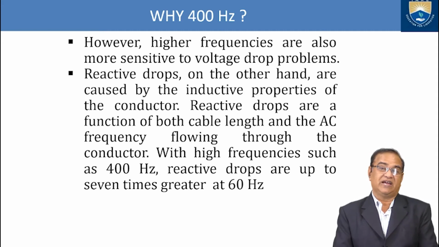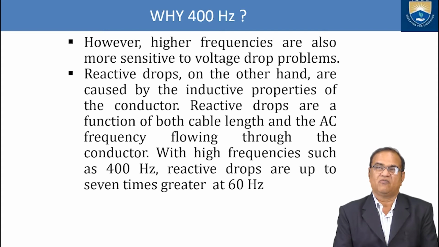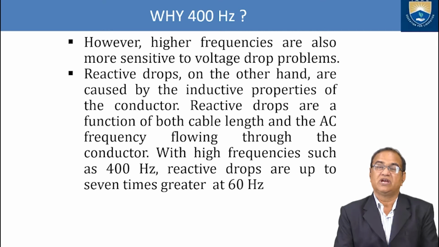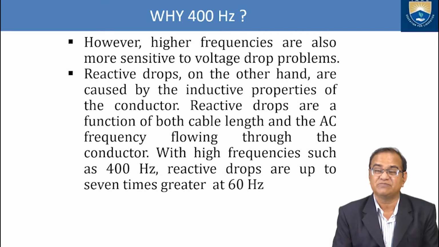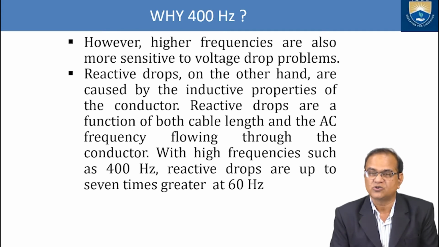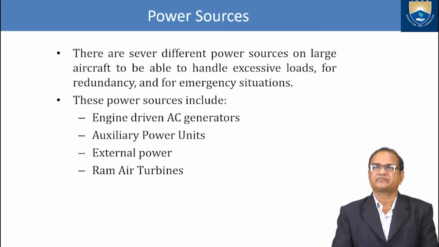So that is the disadvantage. If your voltage is dropping, the reactive drops at 400 Hz, which is used in aircraft, will be 7 times higher than at 60 Hz, which we use in our household services. So that is also a drawback.